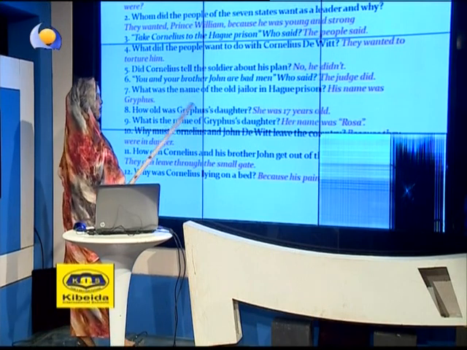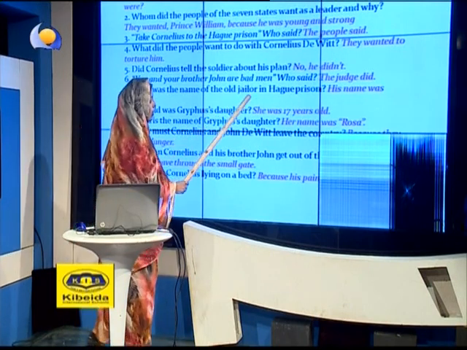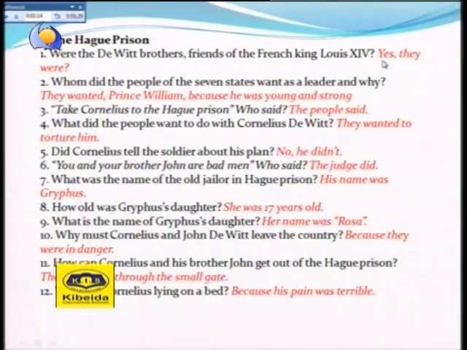What was the name of the old jailer at the Hague prison? His name was Griffiths. How old was Griffiths' daughter? She was 17 years old, and her name was Rosa. Why must the Cornelius brothers leave quickly? Because they were in danger, and of course Rosa helped them to escape through the small gate.